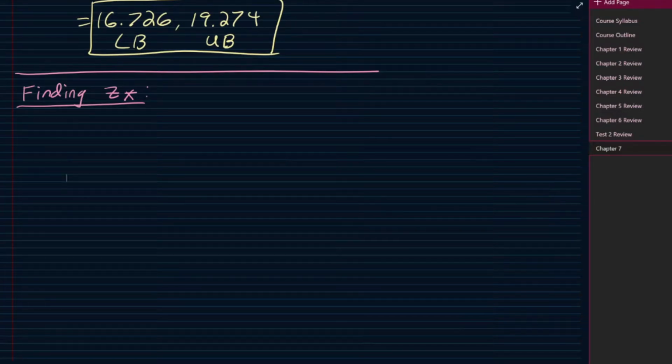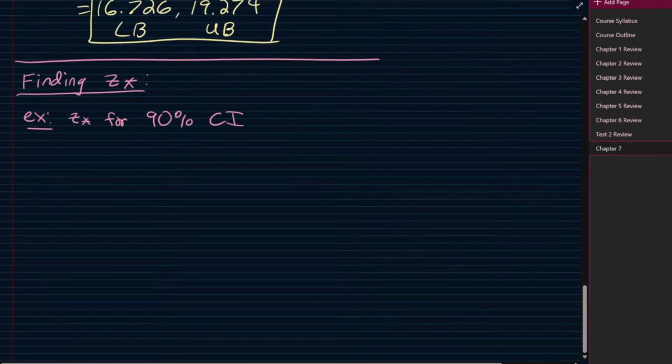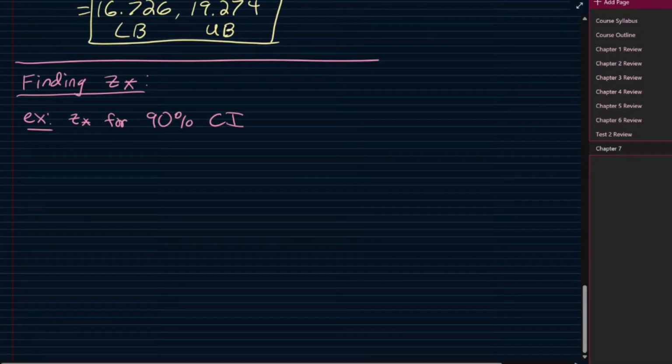Let's examine the z star for the 90% confidence interval. I know we already know this one, but I want to show you how we end up getting those numbers, and then that will inform you how to find the other ones as well.